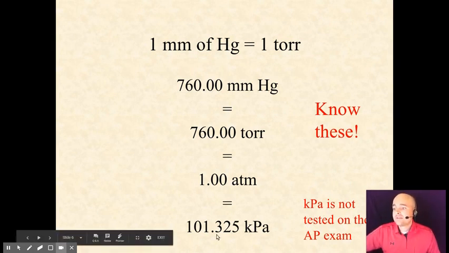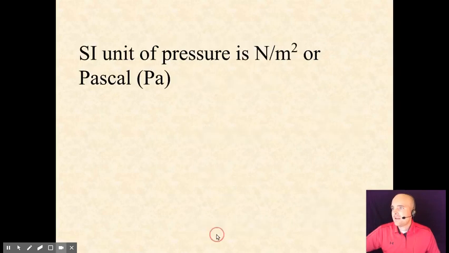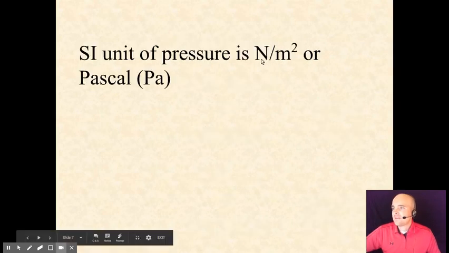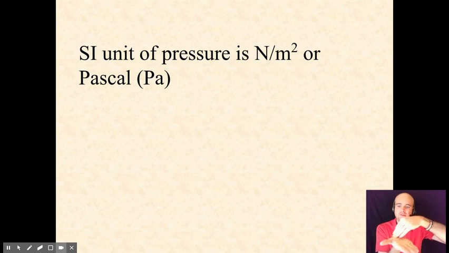Another unit is the kilopascal. It's not tested on the AP test, thank goodness. It's measured in newtons per square meter, which means the amount of force applied to a certain area.